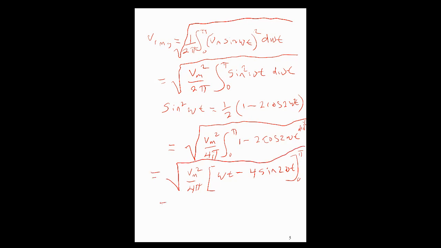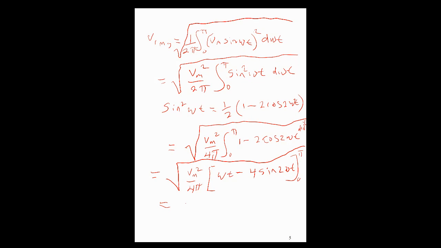So this is going to be equal to, substitute pi, the sine part will disappear, and we only have pi here, the 0 all goes away.